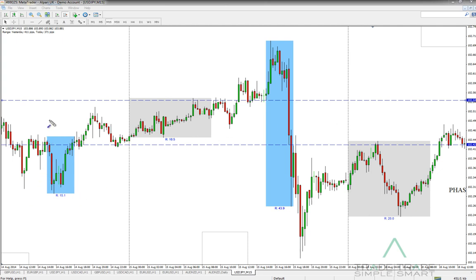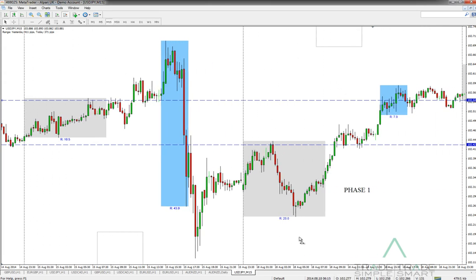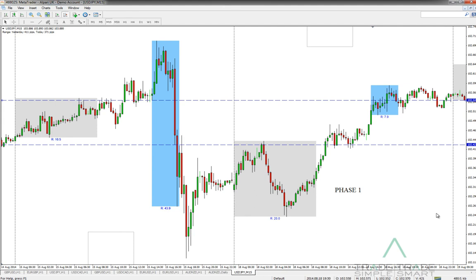So we can see here it acted as a level of resistance, here is support, you can see a touch here, and also the previous two that we pointed out. The more touches, the more obvious the level, and the more retail traders that will likely have the level on their charts.